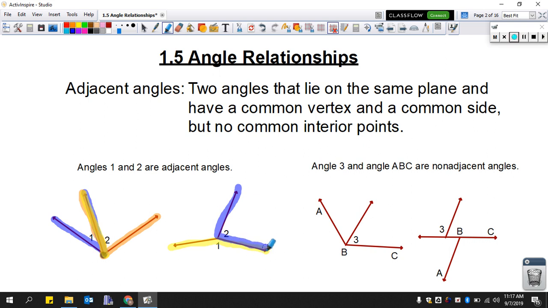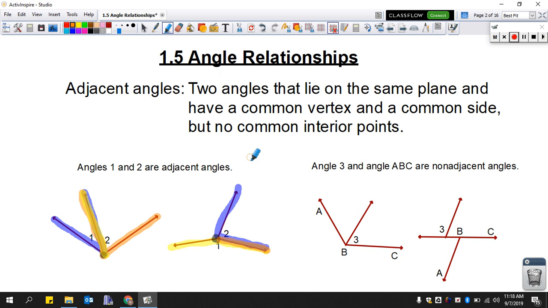And so you can see here that it doesn't really matter on the classification of the angles at all, or the orientation of the angles, as long as they have a common vertex right here and a common side right here. Okay, and that they don't have any points on the interior of either one of them that are shared.